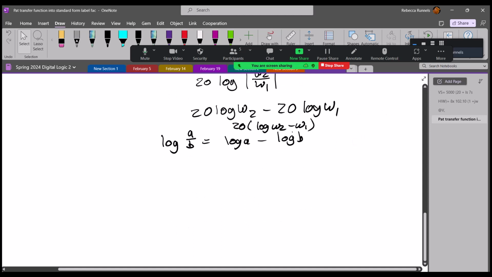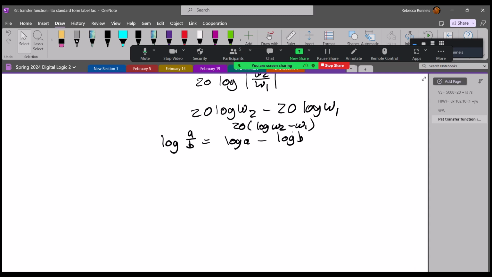Oh, and by the way, the problems where you have to find the exact value of the transfer function, how's the question worded?